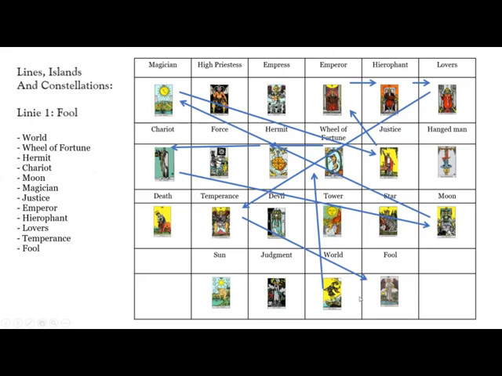So the Fool is in the world. So we're looking where the world is, and the world is in the Wheel of Fortune. And there you have the first explanation. Let's stick to the idea. The person, the customer, the client says, I am overwhelmed by all the opportunities, and that has the consequence that even everyday life is not working correctly anymore. And this is telling us something because the Wheel of Fortune itself is in the Hermit.